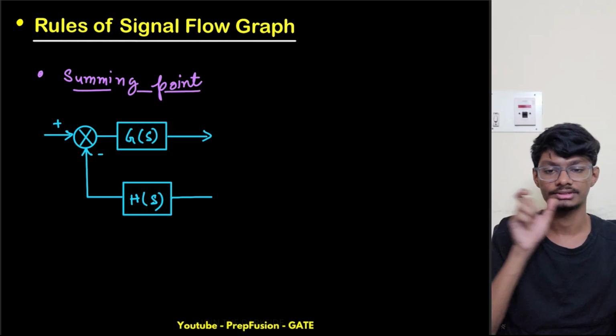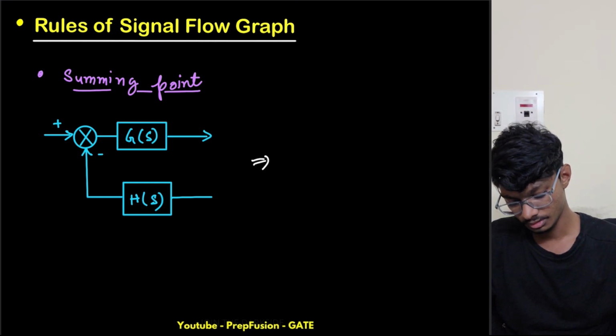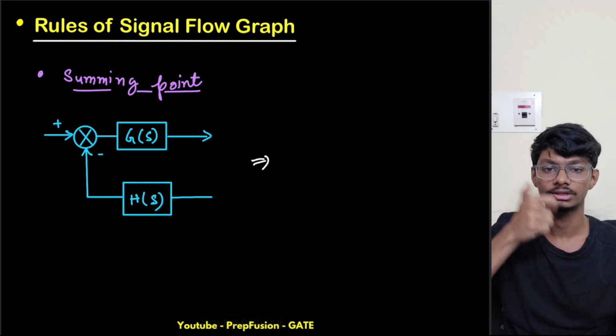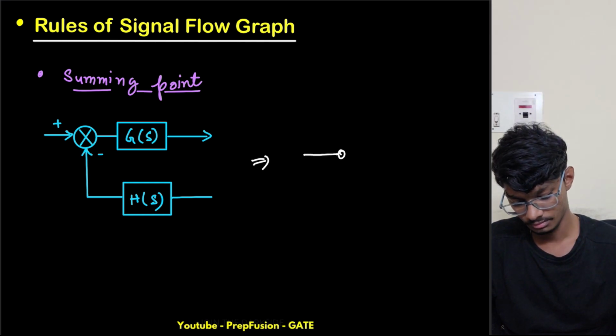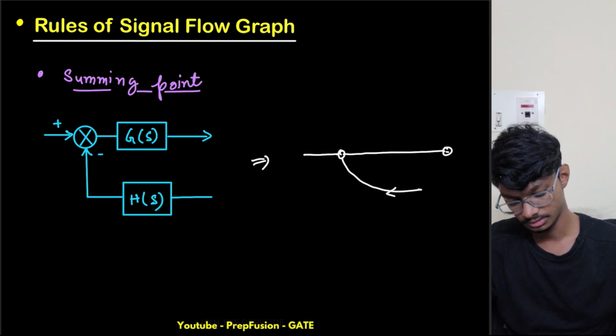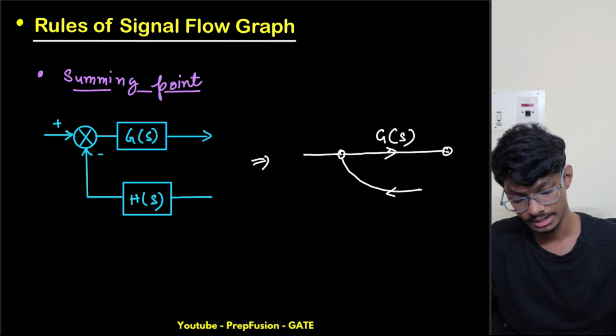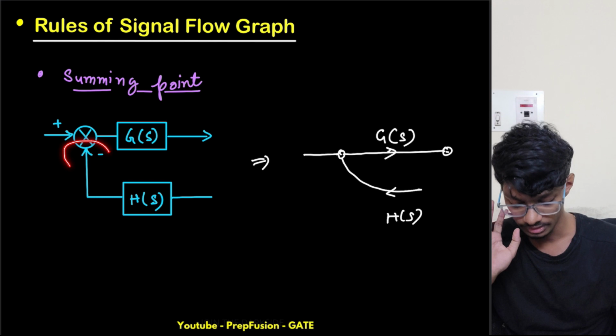What I can do is simply replace the summing point with a node. This is the output node, and here something is incoming, right? The gain of this branch is G of s, and the gain of this branch is H of s. But one important point to note here is that it is going in negative, right?